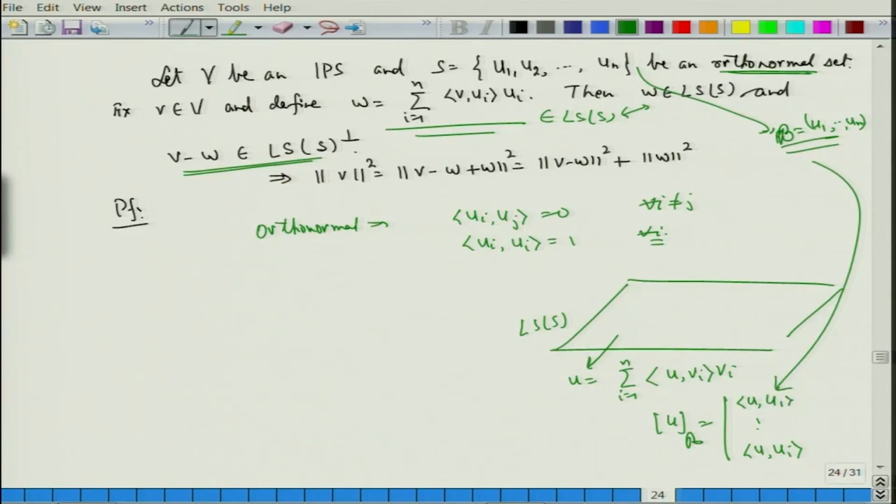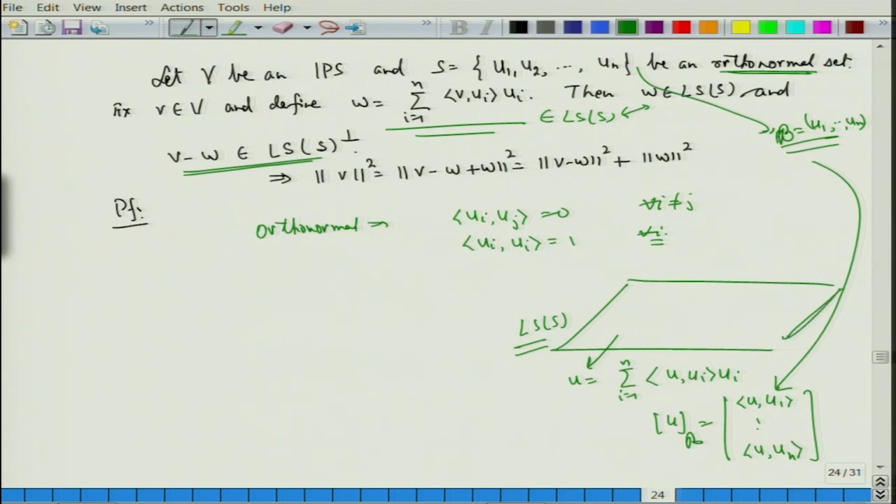So the last will be n here. Fine. Let me correct it myself. Where I wrote vi, it should be u comma ui times ui. Did I write anything else? No. Everywhere else I wrote ui. Fine. So what we are saying is that if I look at the linear span of S, it looks like this.